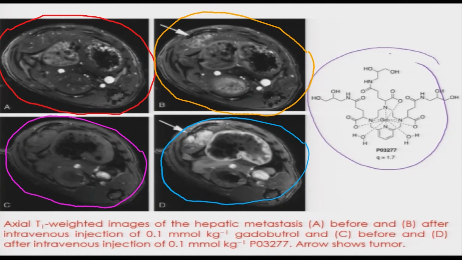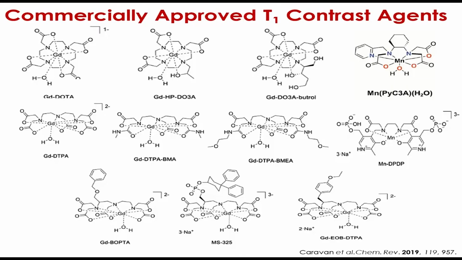You can see this tumor clearly visible over here, while one uses this gadolinium contrast agent. Now, commercially approved T1 contrast agents are shown over here. As one can see, most of them are gadolinium containing complexes, and manganese complexes are also utilized as a contrast agent, and these are all approved drugs which are utilized these days.